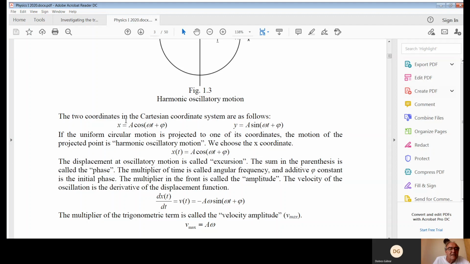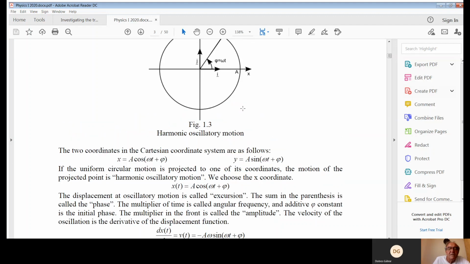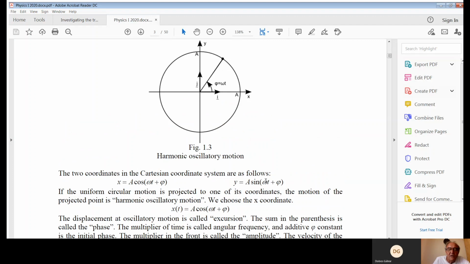The two coordinates are, if it is going around, omega t plus phi, where omega is the angular velocity, and this is going around uniformly with that angular velocity, and this is projected to the vertical and horizontal axis.